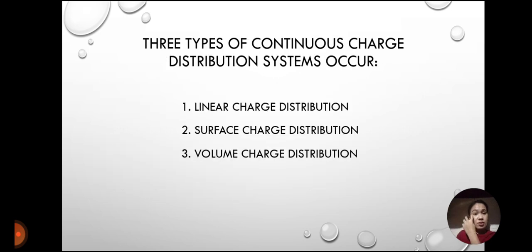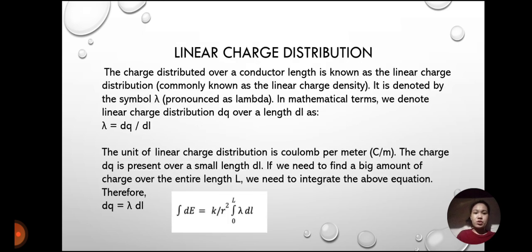There are three types of continuous charge distribution systems. The first one is linear charge distribution, the second is surface, and the third one is volume charge distribution. The charge distributed over a conductor length is known as the linear charge distribution, commonly known as the linear charge density.